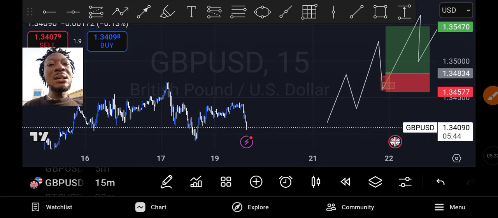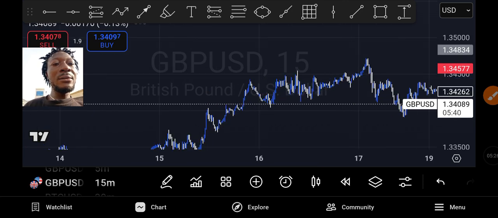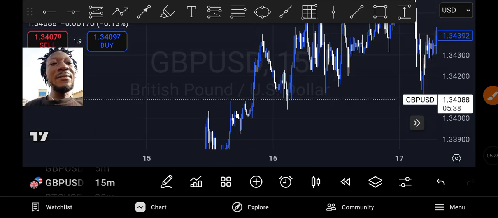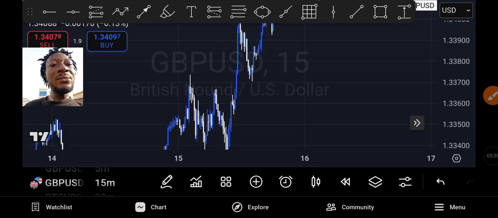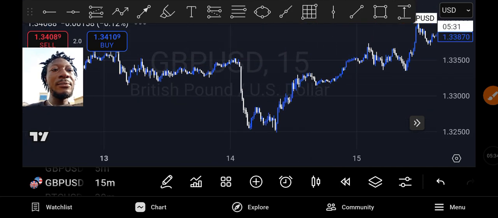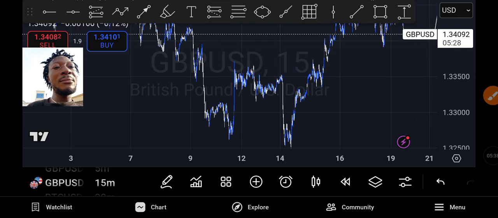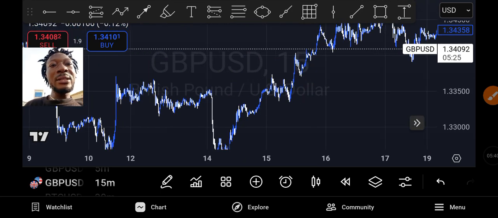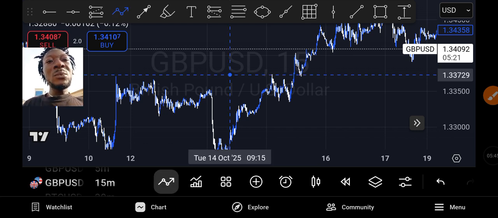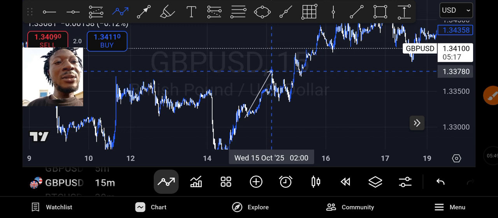Let's go now to our real charts to see if this truly works. We take it anywhere. This is the 15 minutes chart. Let's just take this example. Since this is the trend, let's say price went up. What happened?